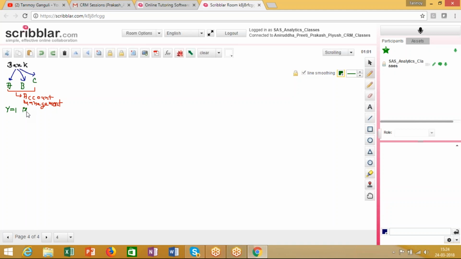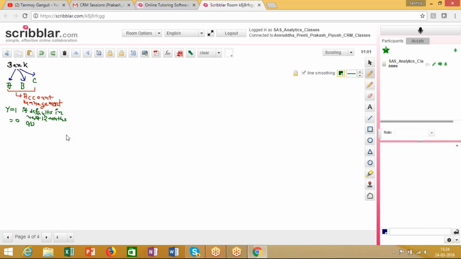So y equals 1 if the borrower defaults in the next 12 months; if a borrower defaulted in the next 12 months, I'll flag him as 1, and 0 otherwise.